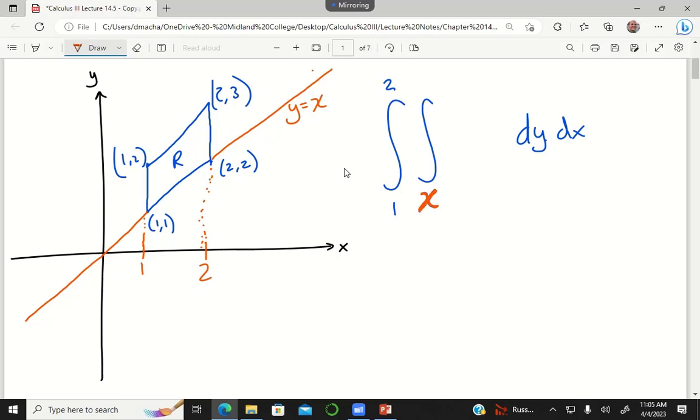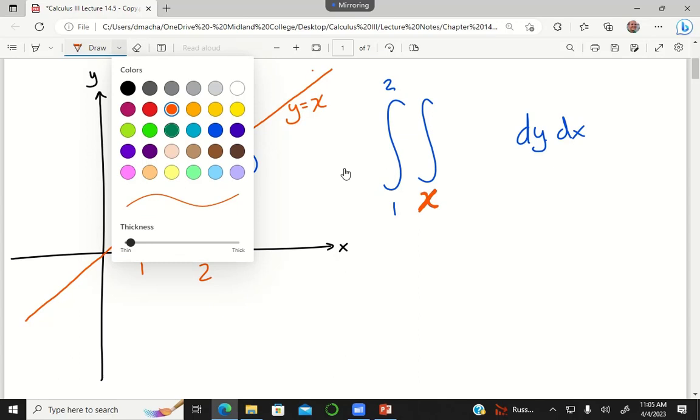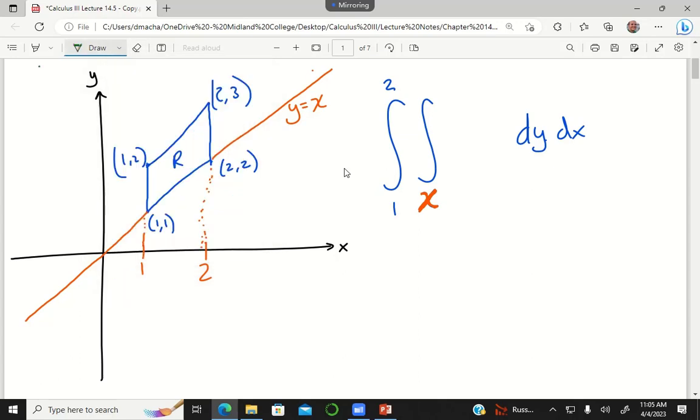It's not a rectangular region. That's the line y equals x. That's the line that makes up the lower bound for my y variable. But what line makes up the upper bound for my y variable? Yeah, x plus 1. Exactly.